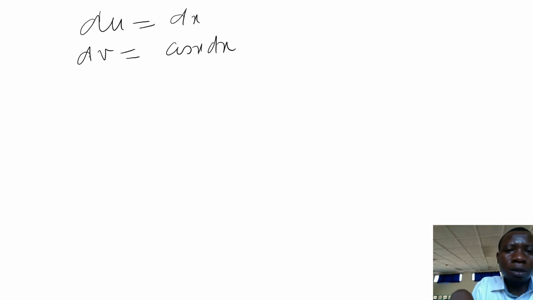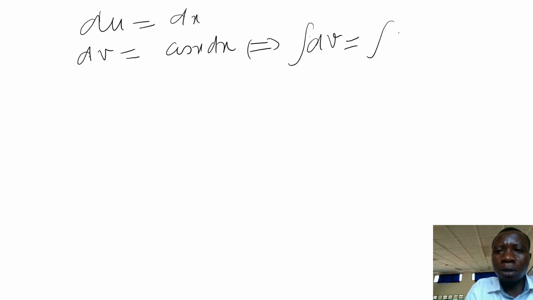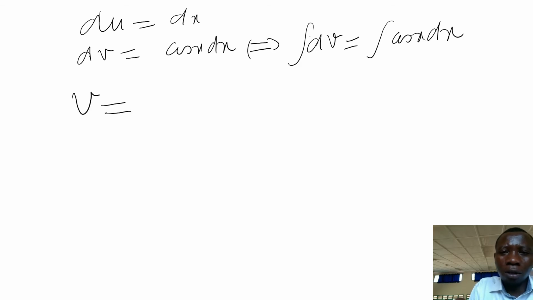Let's apply the integral on both sides. The integral of dv is equal to the integral of cos x dx. So the integral of dv is v, and the integral of cos is sine. When you are dealing with integration by parts and you integrate dv to get v, there is no need to add the constant of integration. So this is v.